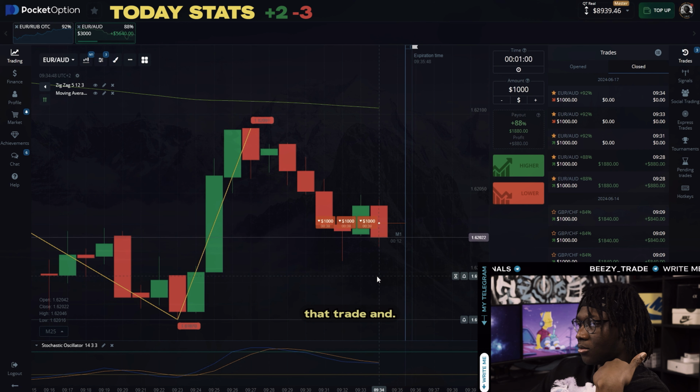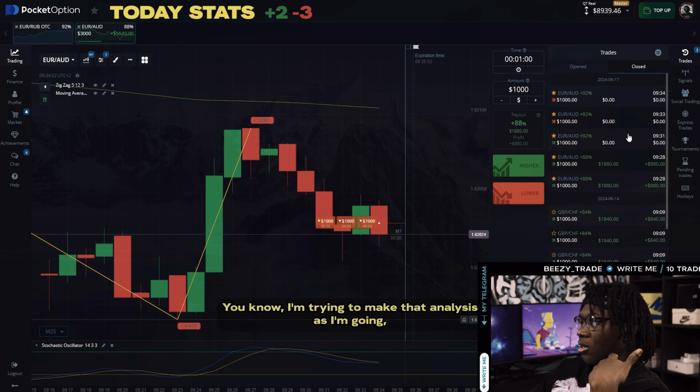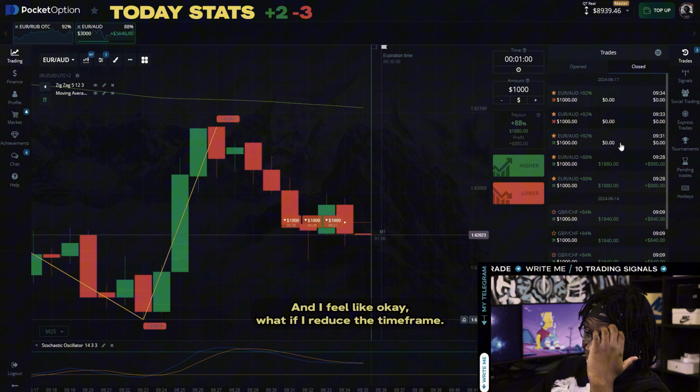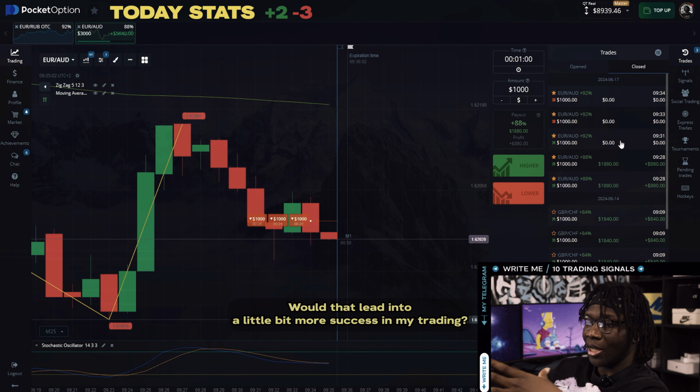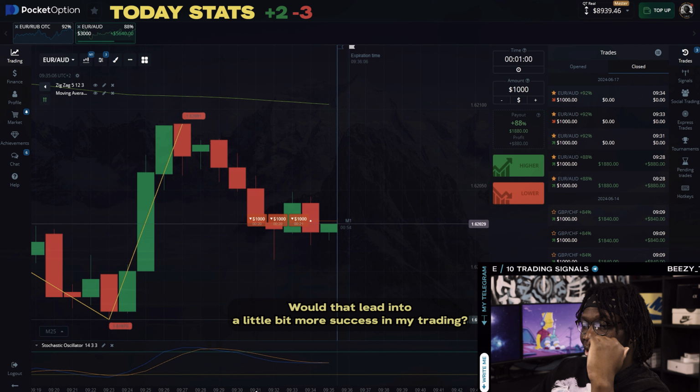And I'm trying to make that analysis as I'm going, and I see that all the trades I've lost, it's like seconds apart. And I feel like, okay, what if I reduce the time frame? Will that lead into a little bit more success in my trading?